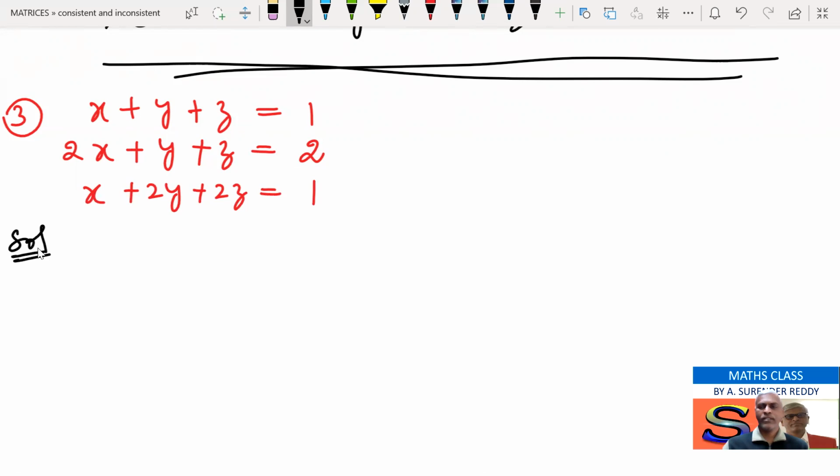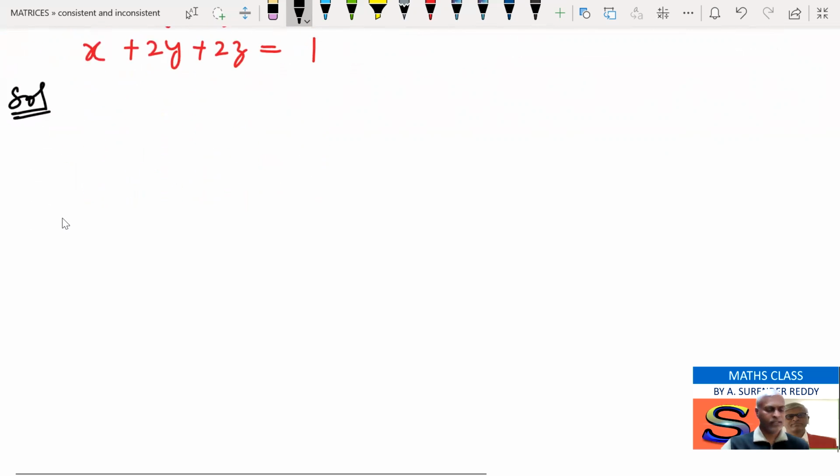We need to check whether the system is consistent or inconsistent. If consistent, we have to find its solution.